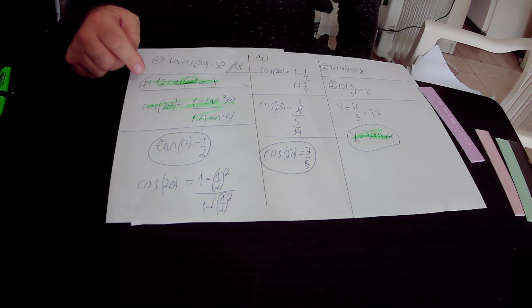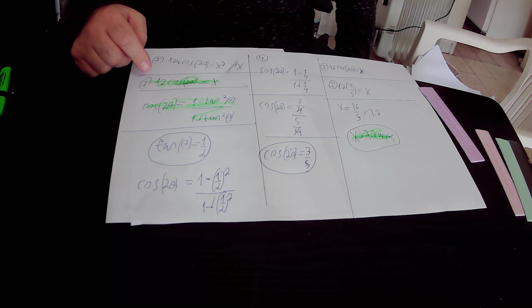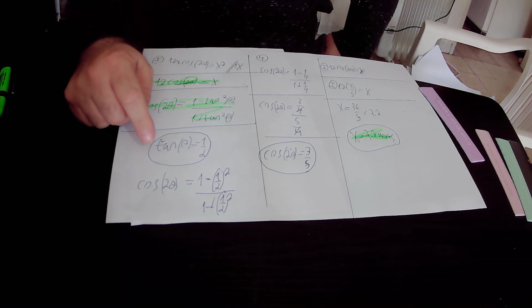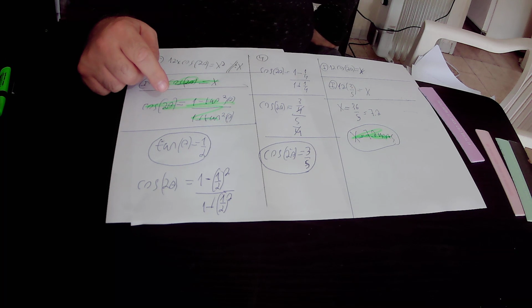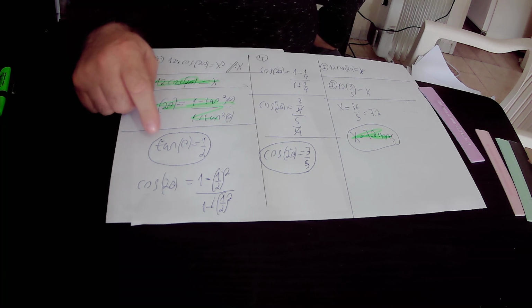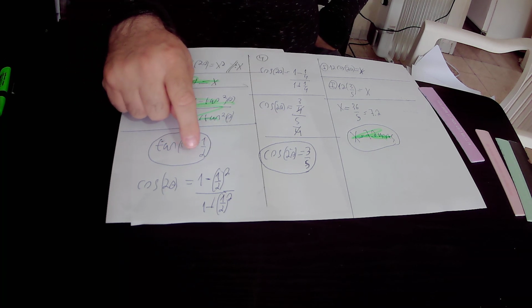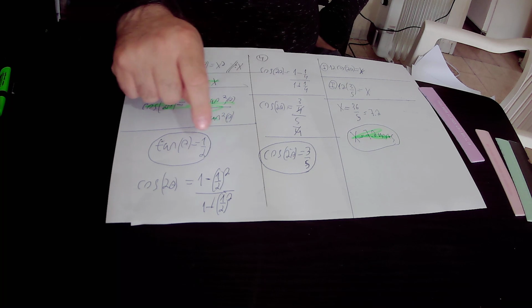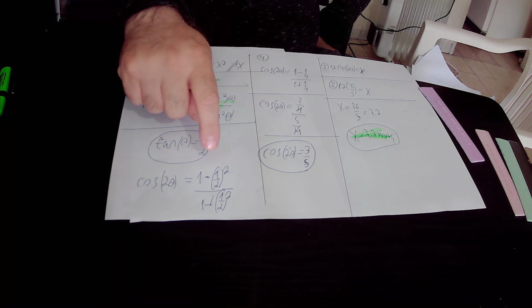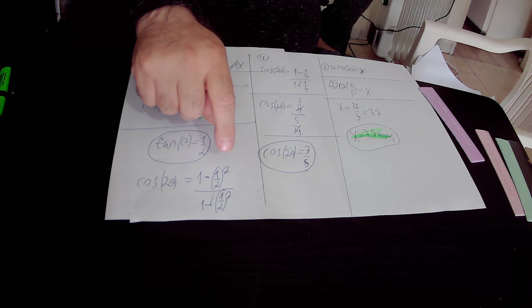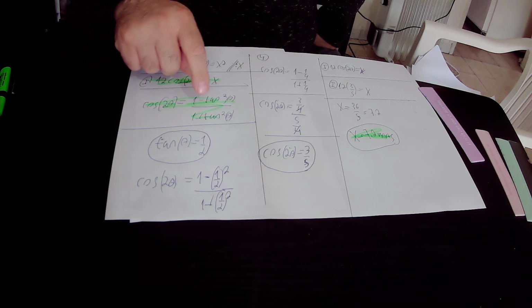So we can substitute tangent theta by 1/2 in this identity. Tangent squared theta will be equal to 1/2 squared. So in the numerator we have 1 minus 1/2 squared, over 1 plus 1/2 squared in the denominator.